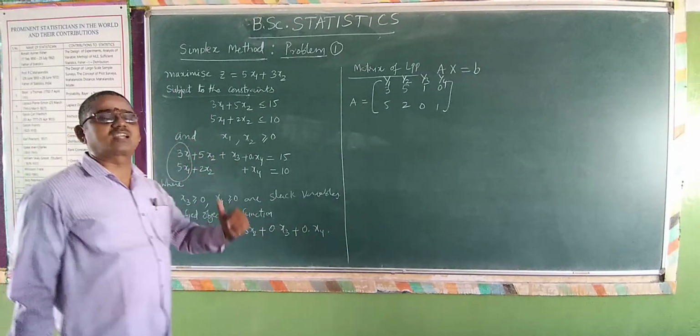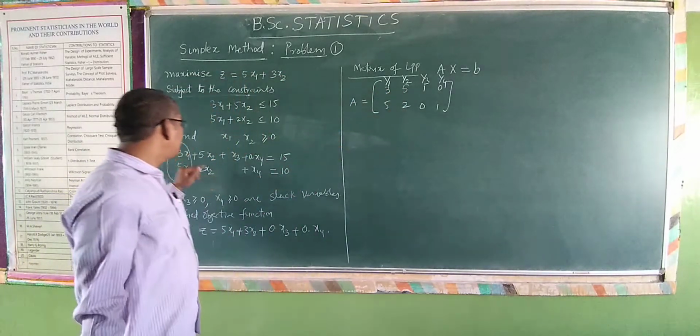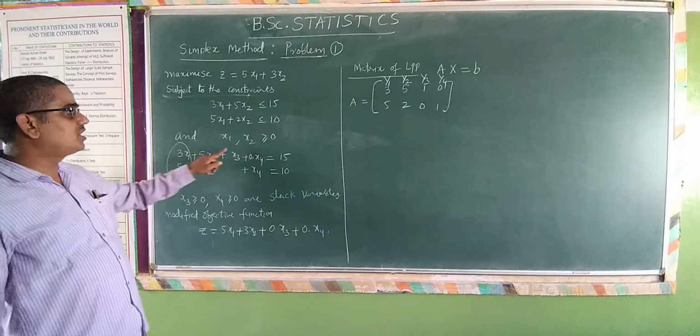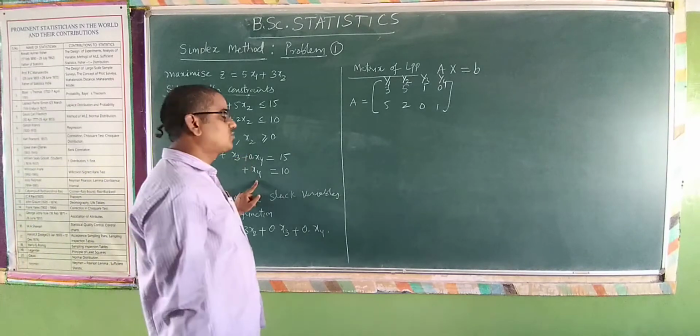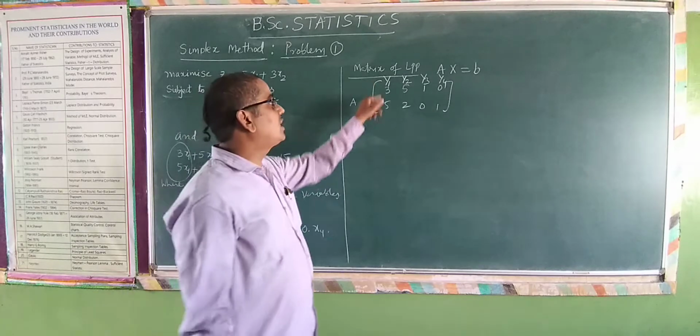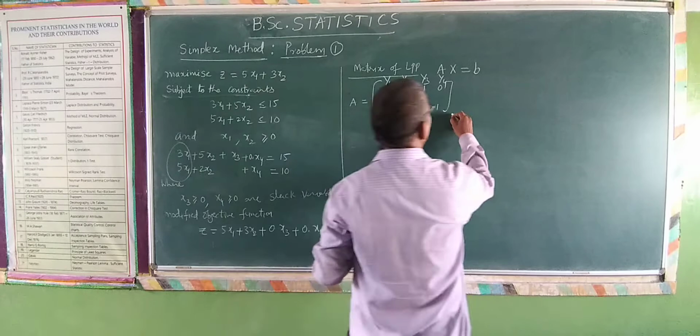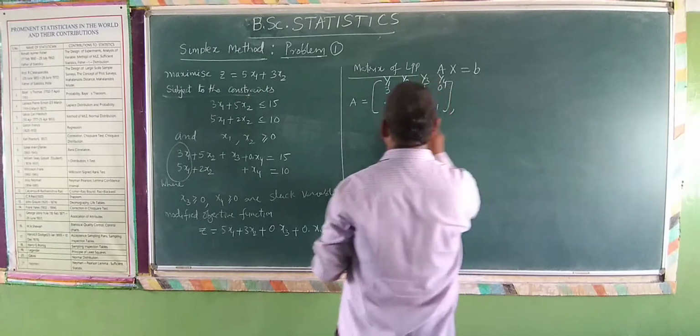Similarly, y2 is the coefficient of x2, which is 5, 2, y3 is the coefficient of x3, and y4 is the coefficient of x4. It is a vector now. y1 is one vector, y2 is another vector, and so on.